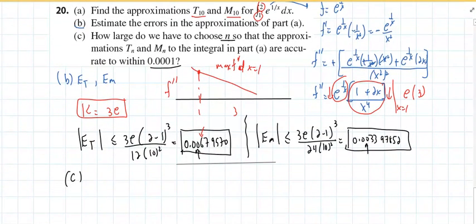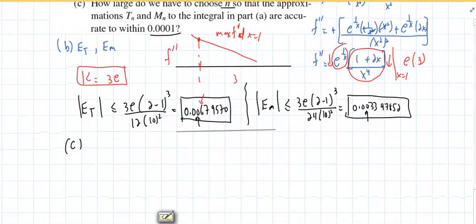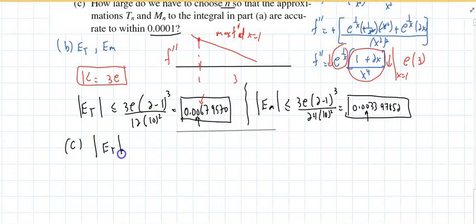So in this case, I really want the error, and let's say in using trapezoid, to be less than or equal to 0.0001. Well, the error here is actually k times b minus a cubed divided by 12n squared less than or equal to 0.001.